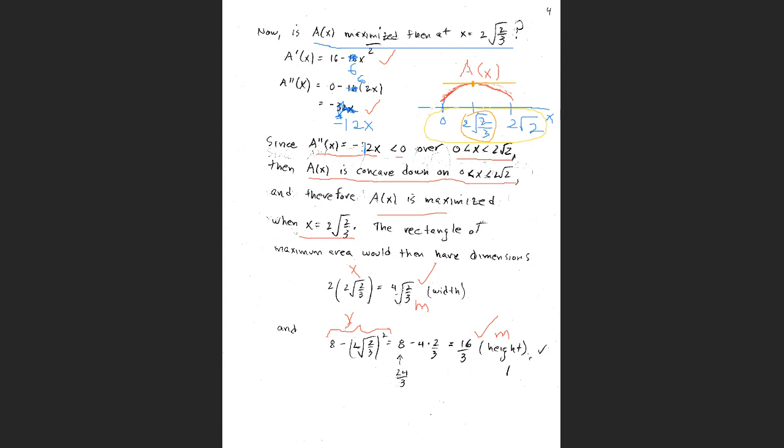So that would be how you design your pool. It would be 3.26 meters across, and it would be 5.3 meters lengthwise.